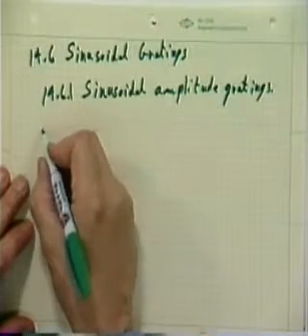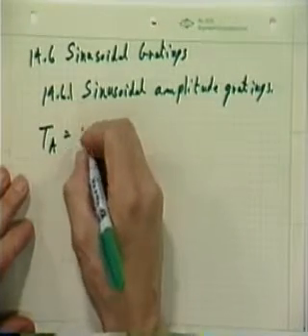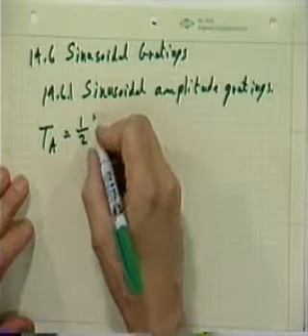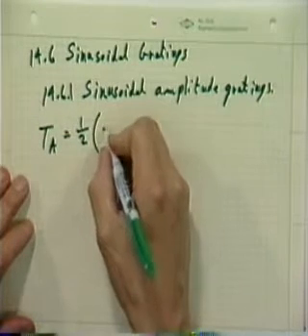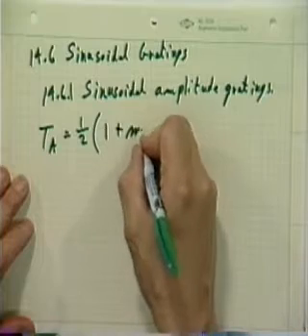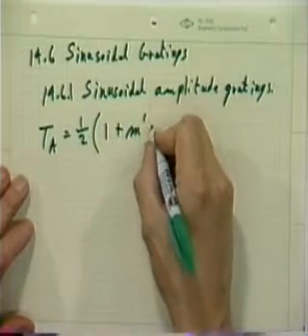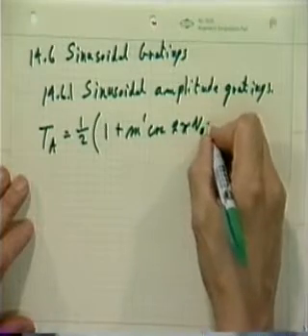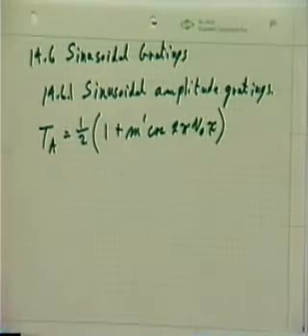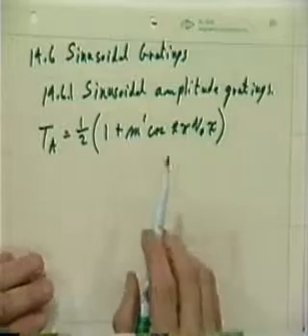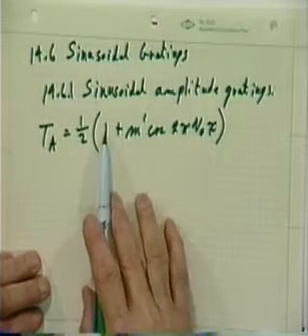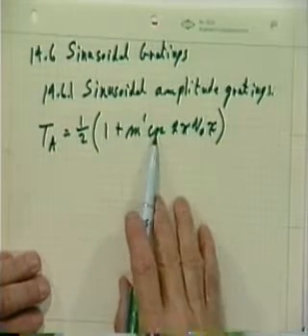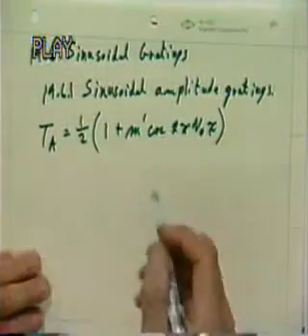We have an amplitude transmission that goes as 1/2 times 1 plus m prime cosine 2 pi nu naught x. With this, we get a 0 order and a plus or minus first order.